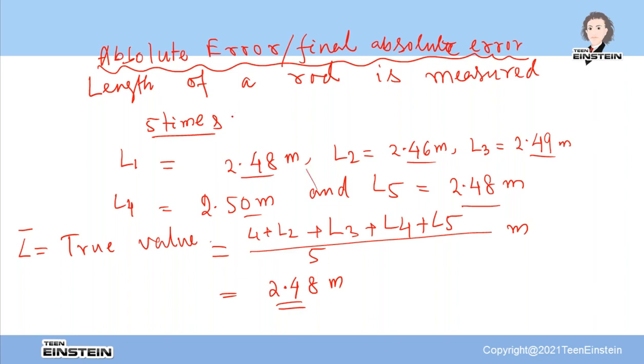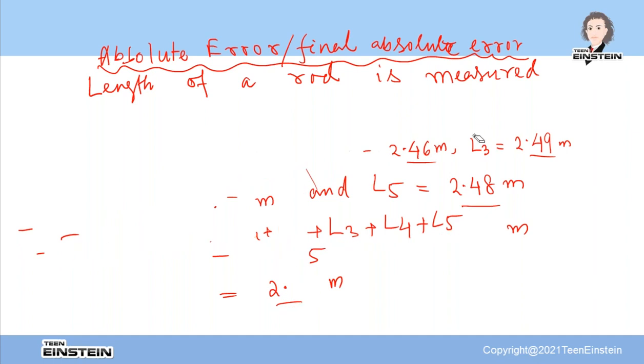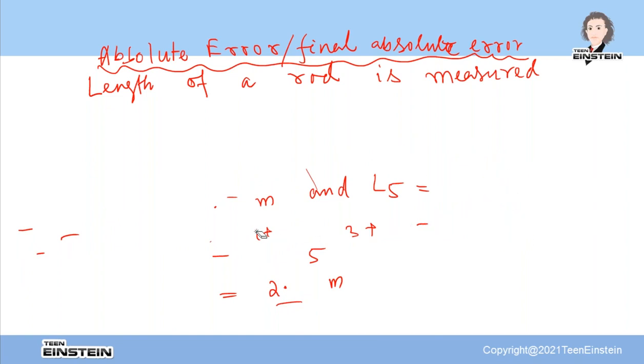Write the result. Okay, then I'll clean this part, and I'll write my true value somewhere. I know the true value now. Then I have to find out the average absolute error.